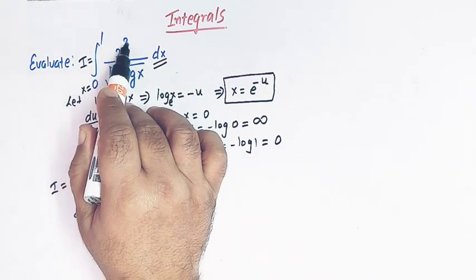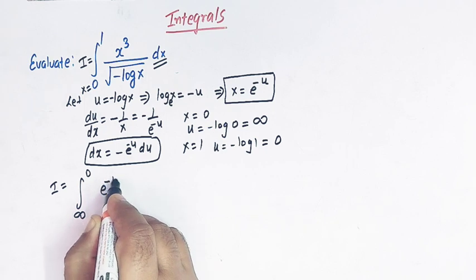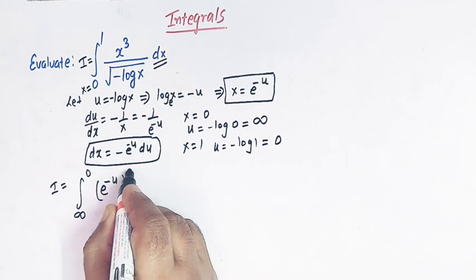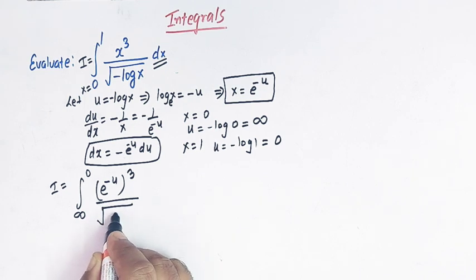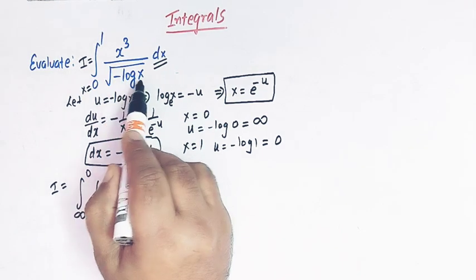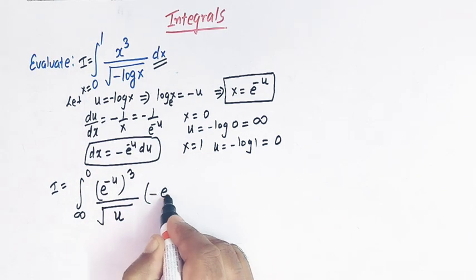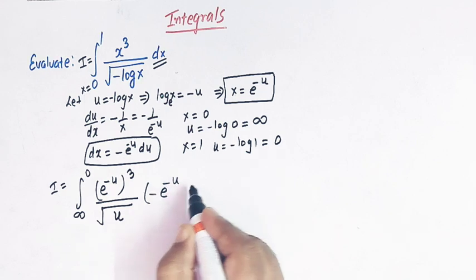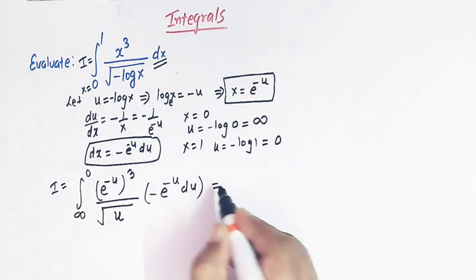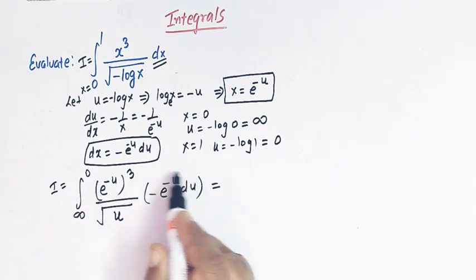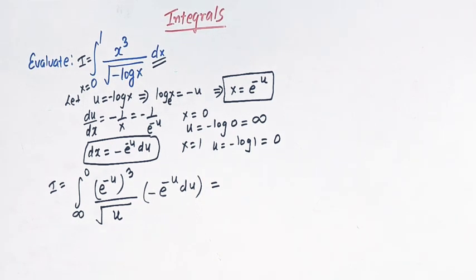And x cube is replaced by e raised to minus u raised to power 3, and here we have square root of u, because negative of log x is u, and dx is replaced by minus e raised to minus u du. Okay, now let us arrange this integral in a simpler way.